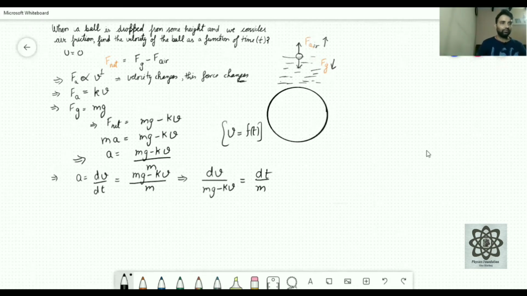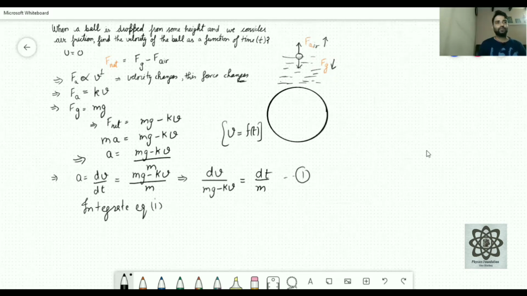So now, dv upon mg minus kv is equal to dt by m. Let this be the first equation, right? So integrate equation first. We know the integration of this will come out to be minus 1 upon k into ln mg minus kv, right?